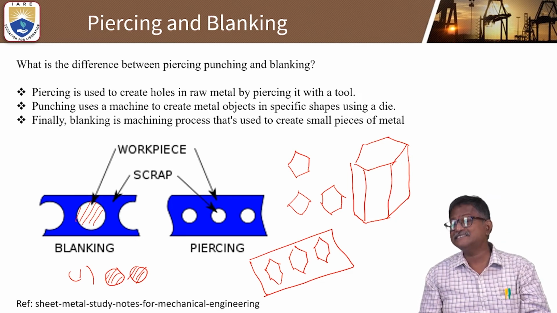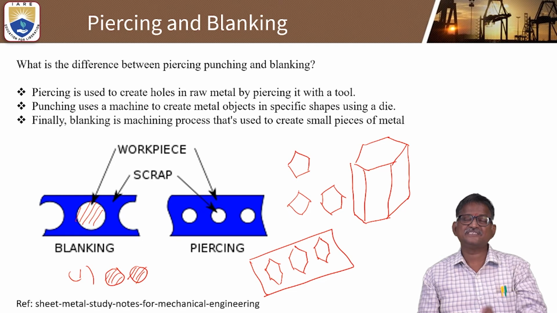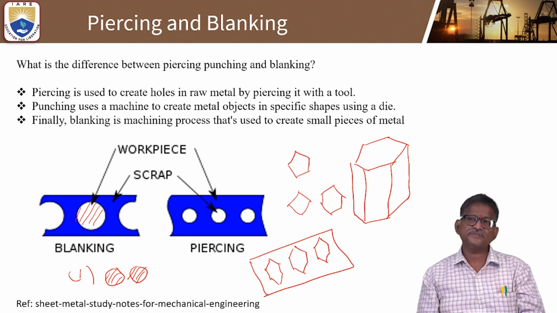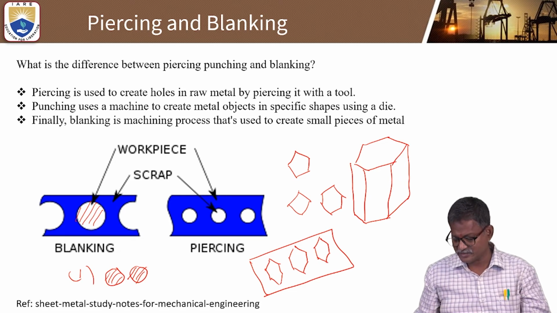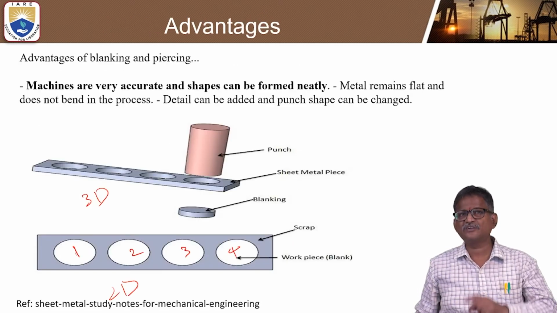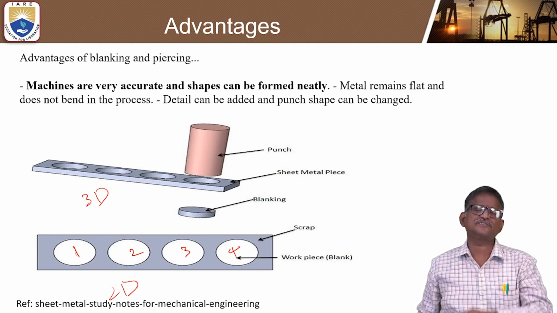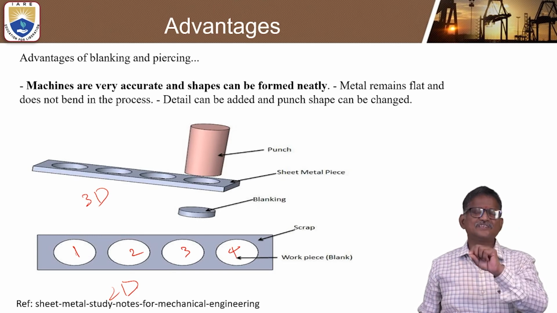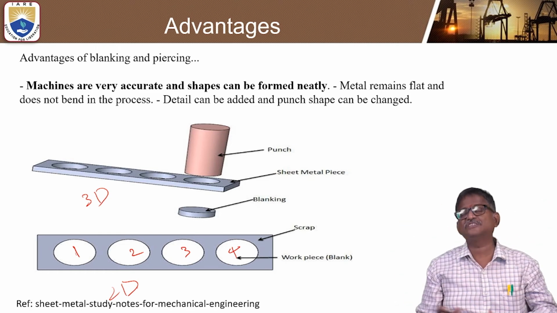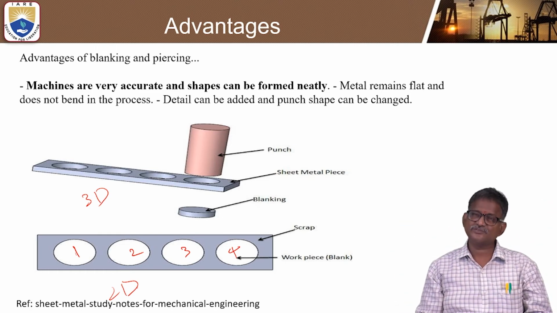Most probably, industries like beverage industries and some sheet metal industries widely use piercing and blanking operations. Okay, and for all this piercing and blanking, there are not only advantages, some limitations also will be there. So what are the disadvantages and limits? If you want to make a large sized hole, it is difficult to do.